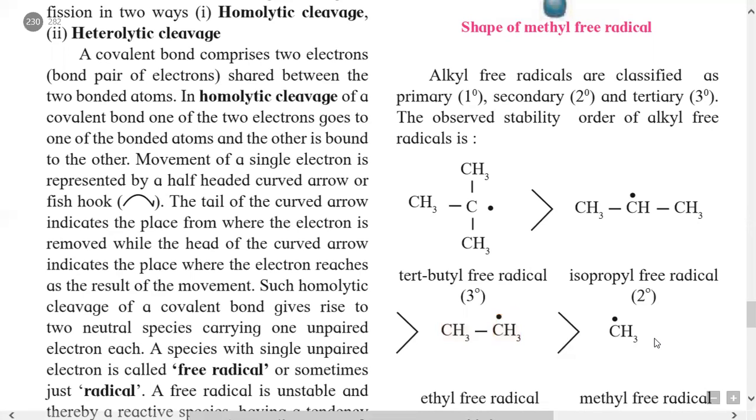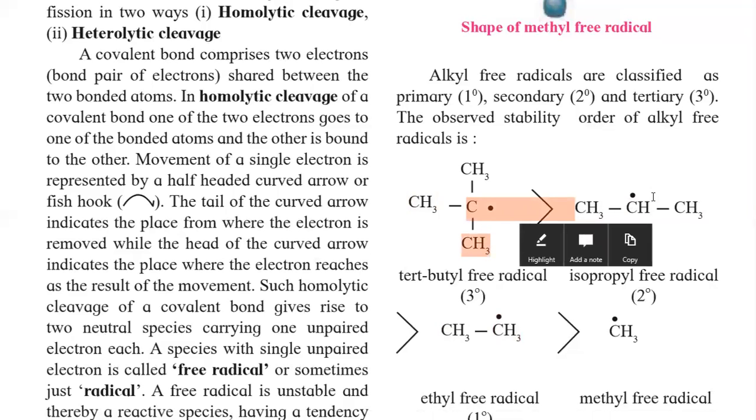Next example is CH3 single bond CH dot CH3. This is isopropyl free radical, also called secondary propyl free radical. And one more example here: the central carbon in this radical is bonded with three CH3 groups, and one radical or unpaired electron is present on the central carbon.